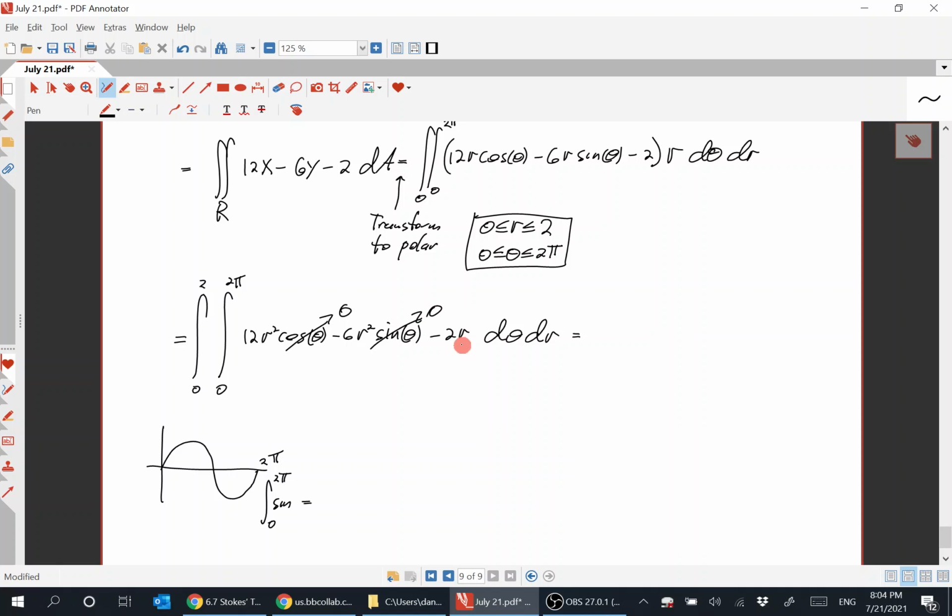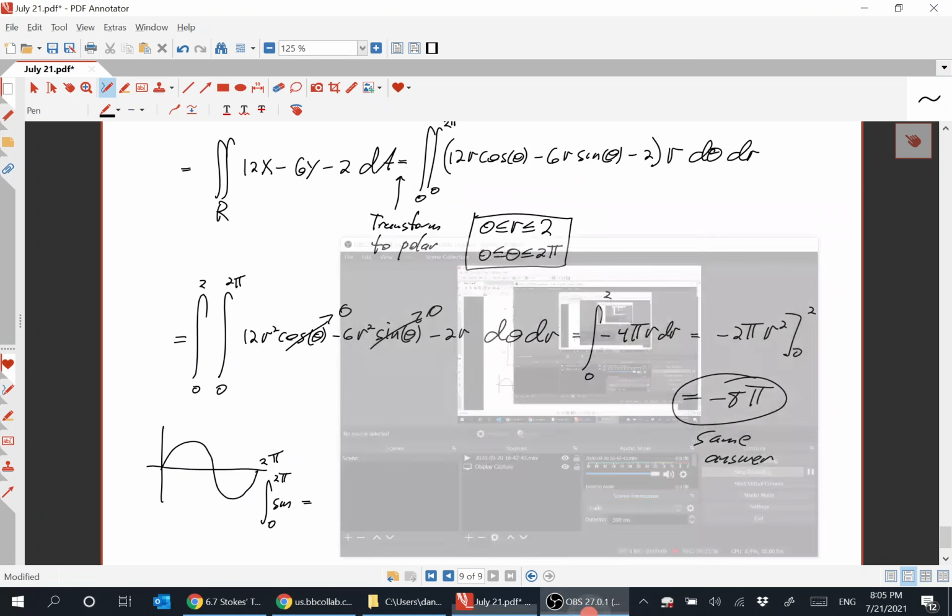This one is just going to be 2π times that, so it's minus 4π, integral from 0 to 2 of r dr. So that's minus 2π r squared from 0 to 2, which is minus 8π.